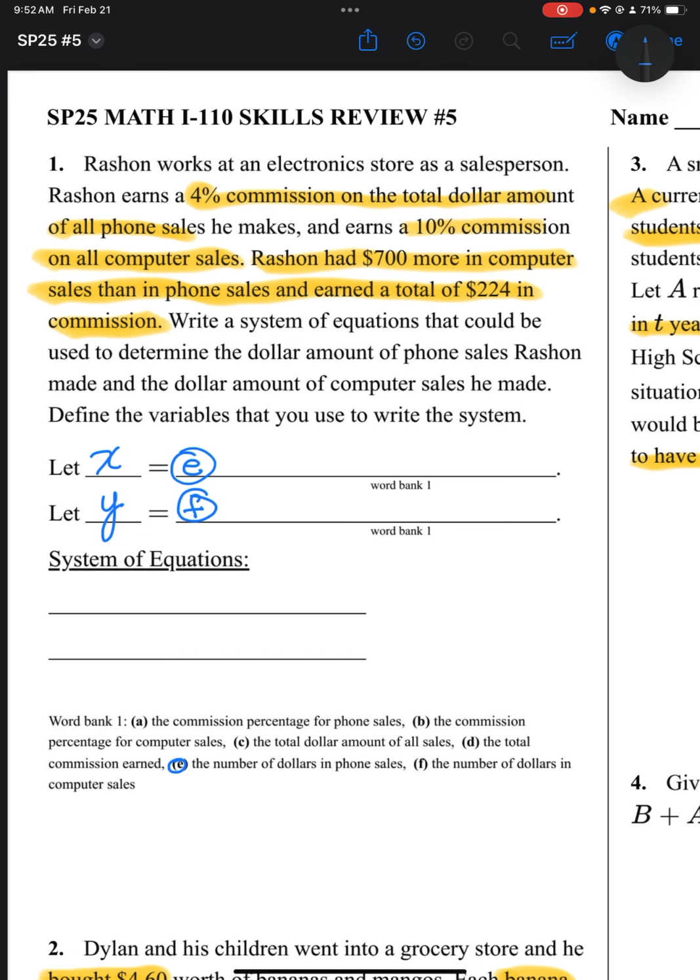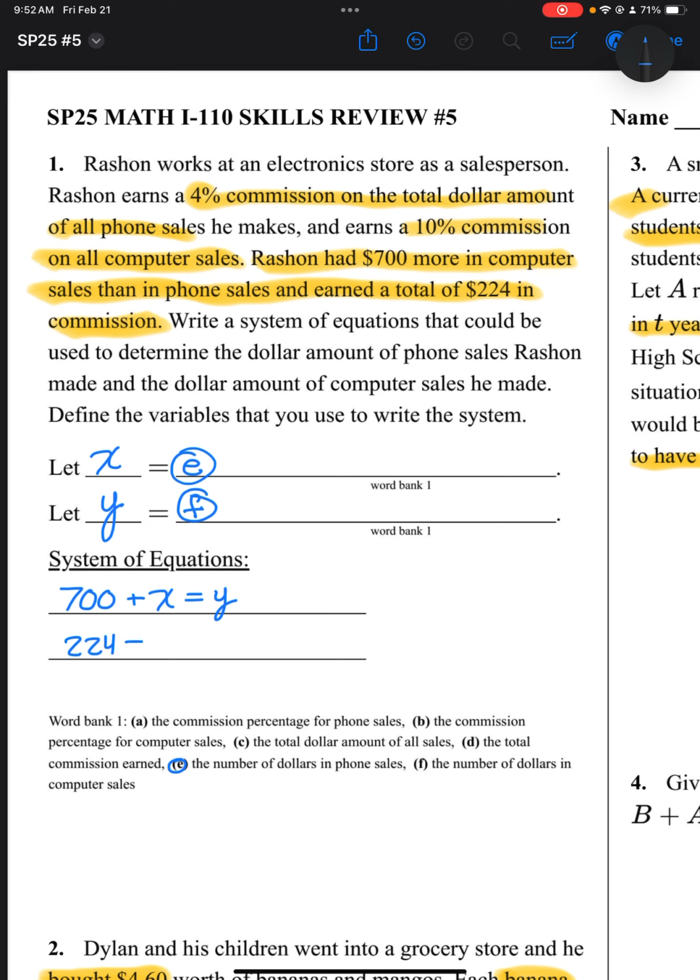Now, we are given two equations that we're going to be solving. Basically, he had $700 more in computer sales. So we know 700 plus X, our number of dollar amounts, is going to equal our computer sales. Next one, $224.